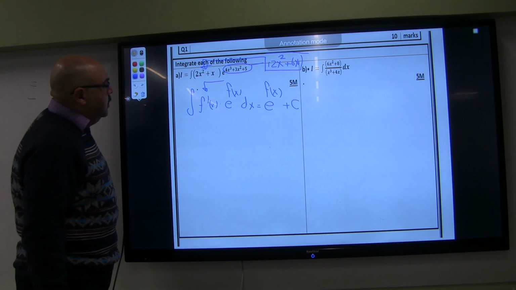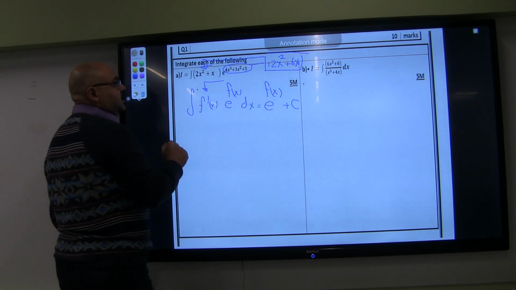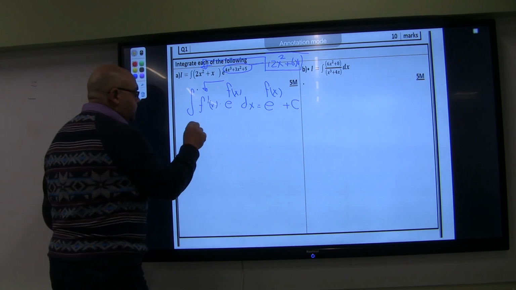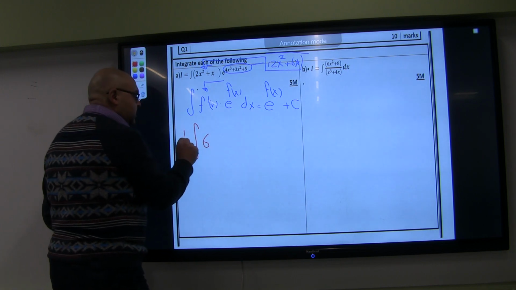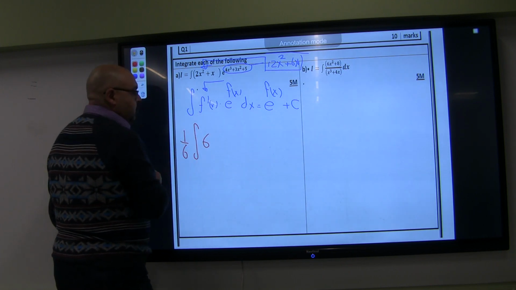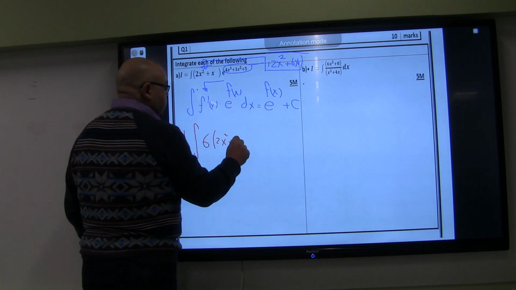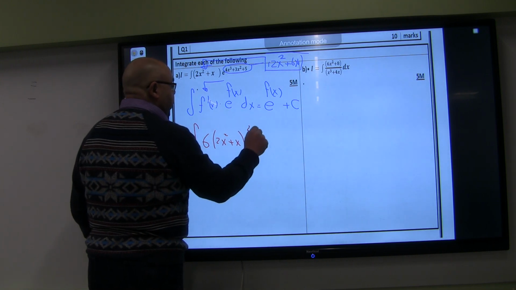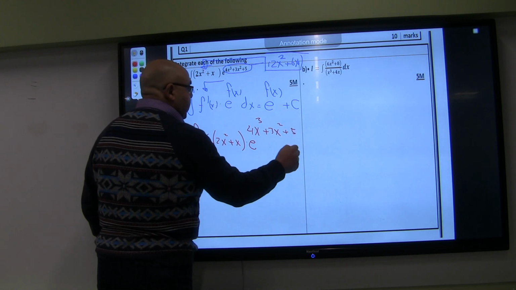Remarking the difference between the derivative and what exists, you will see that you are missing 6. So all I have to do is to rewrite my problem. I will multiply by 6, then divide by 6, for the function which is 2x squared plus x times e to the power of 4x cubed plus 3x squared plus 5.